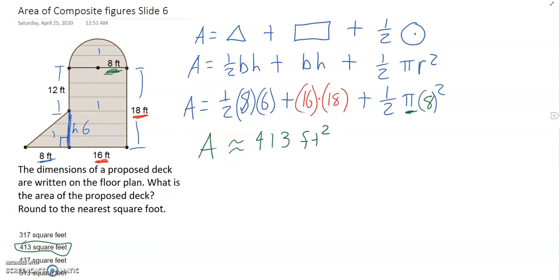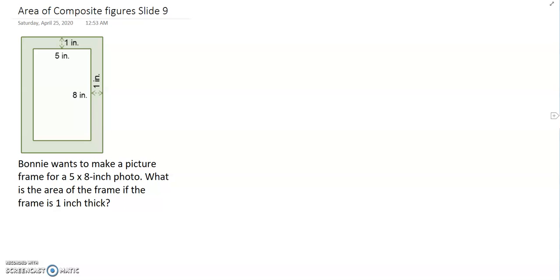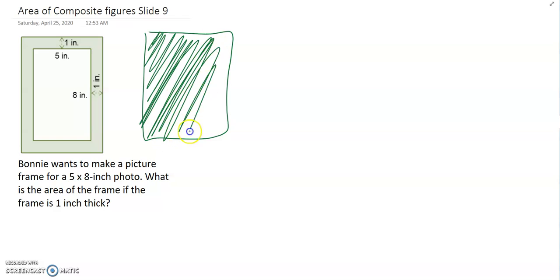All right, for the next one, question number 9. Area of composite figures on slide 9 says Bonnie wants to make a picture frame. What is the area of the frame if it is 1 inch thick? Okay, so pretty clearly, if you start off with a big rectangle, you find the area of the entire rectangle, and then if you literally subtract off the little rectangle, you're going to be left with just that.